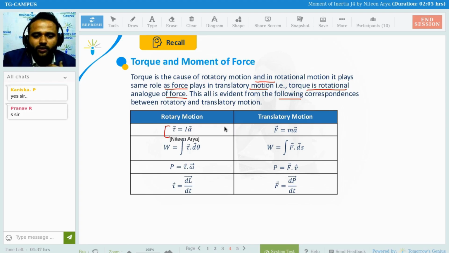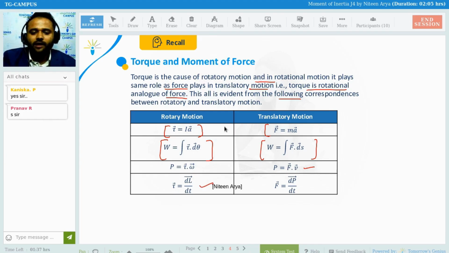Torque tau equals I alpha, force F equals mass into acceleration. Work done equals torque into d theta, and work done equals force into displacement. Power equals torque dot angular velocity, and force into linear velocity. Torque tau equals dL by dt, angular momentum L, and force equals dp by dt, linear momentum. Clear everyone?